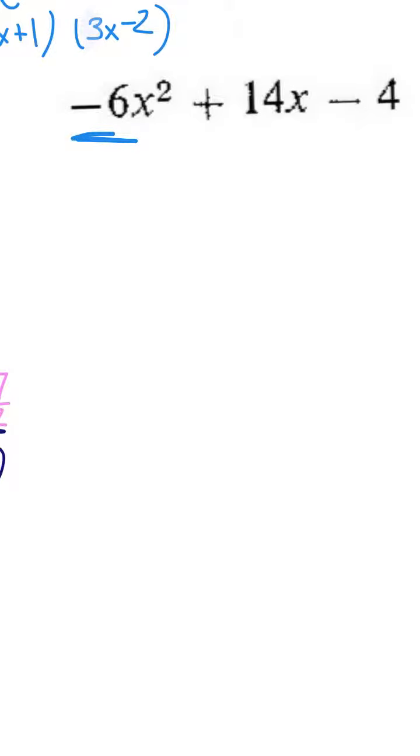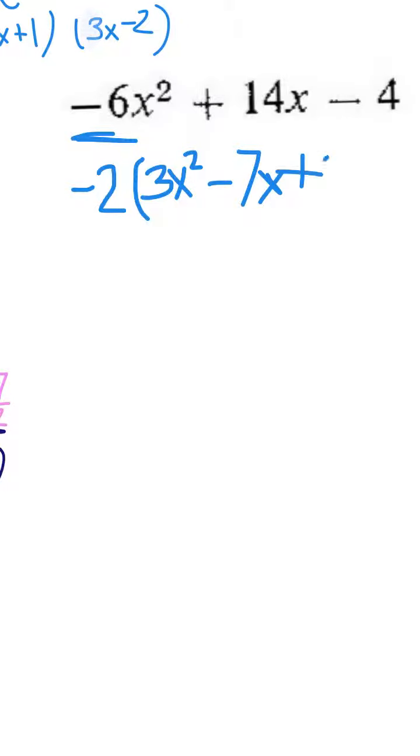So let's factor out negative 2 instead of just factoring out 2. Dividing each term by negative 2 will give us 3x squared minus 7x plus 2. So we just ignore this negative 2 until we're done with all of this.